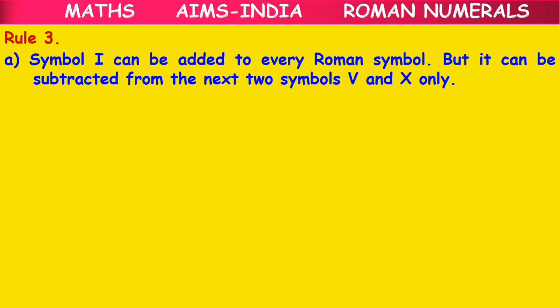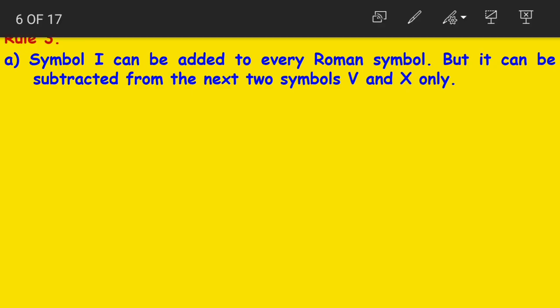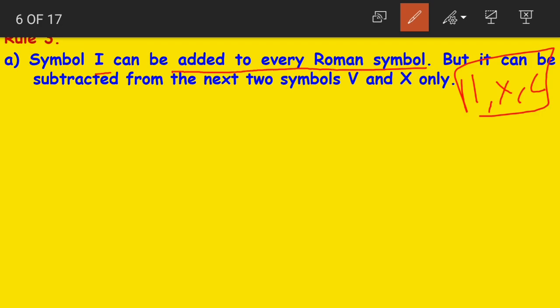Rule number 3. Symbol I can be added to every Roman numeral, but it can be subtracted from the next two symbols, V and X, only. What we learned is that I, X and C can be both added and subtracted, right? So what they are saying here is that I can be added to every Roman numeral, but it can be subtracted only from the next two symbols, V and X. Remember this.